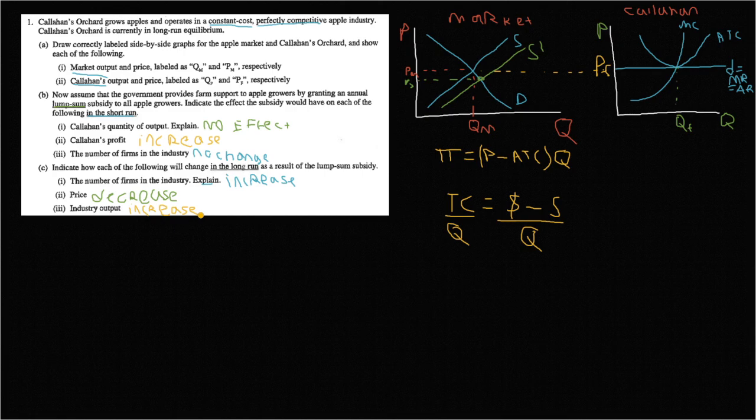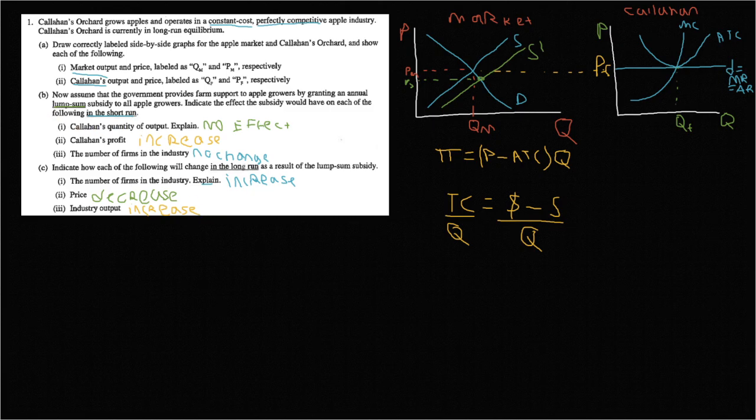The supply curve has shifted right because there's more people selling the good. And so there are more things being sold and there is more output. Just as simple as that.